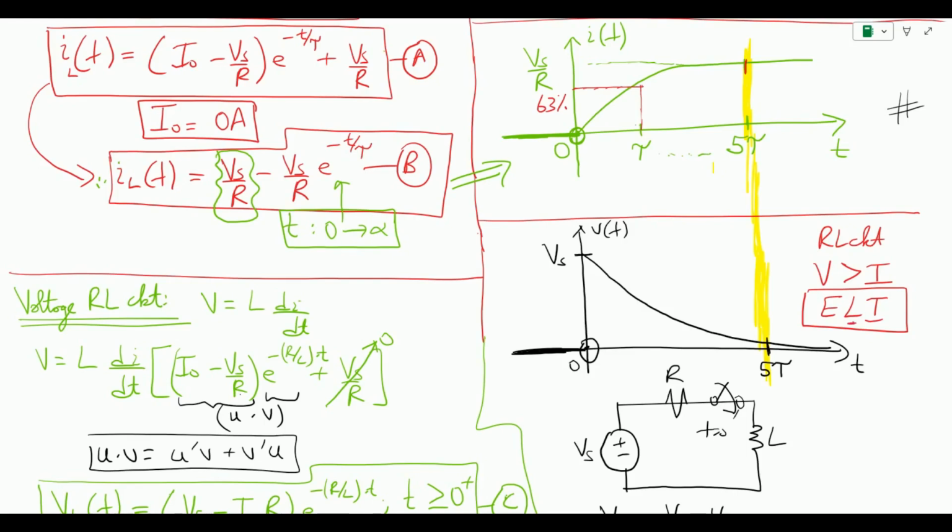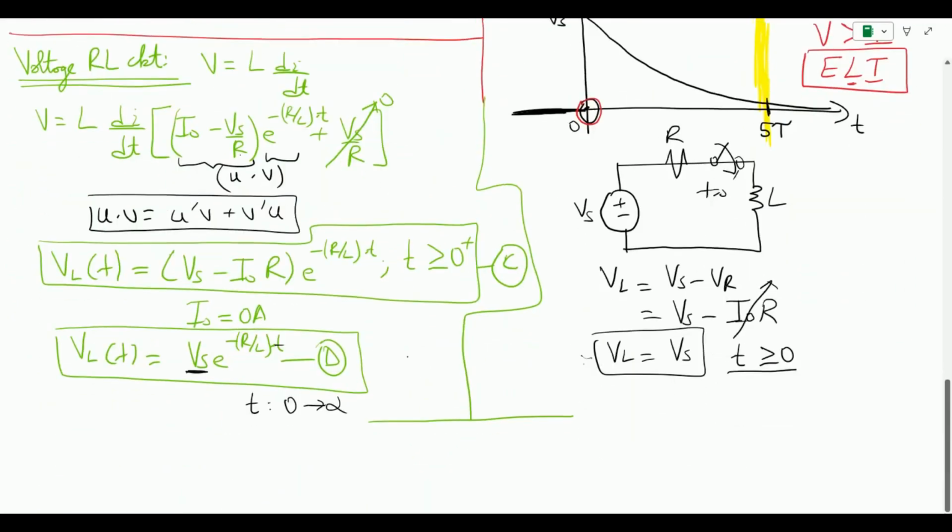It can be graphically seen that at time 0 the value of voltage is maximum, and similarly at time 0 the value of current is at its lowest, and hence when a step response is applied to an RL circuit, the voltage leads the current. So this concludes our discussion on the step response of an RL circuit, and next we move to the step response of the RC circuit.